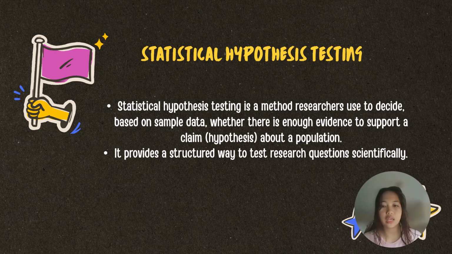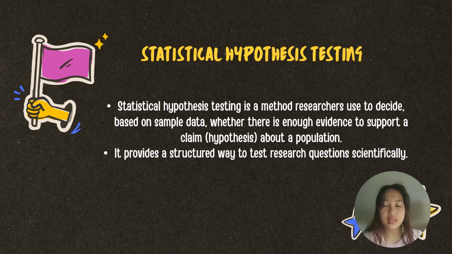So next we have the statistical hypothesis testing. The statistical hypothesis testing is a method that researchers use to decide, based on the sample data, whether there is enough evidence to support a claim or their hypothesis about a population. It provides a structured way to test research questions scientifically.